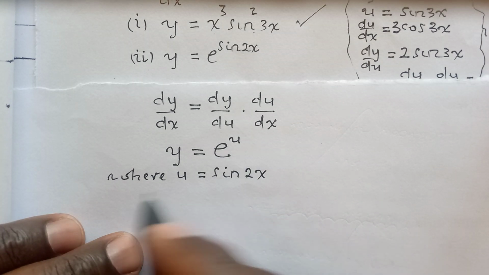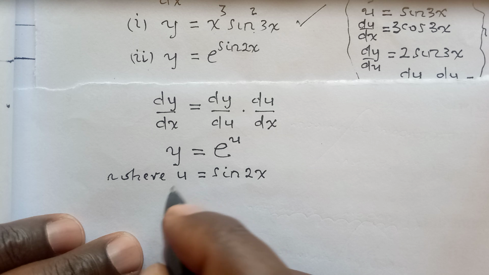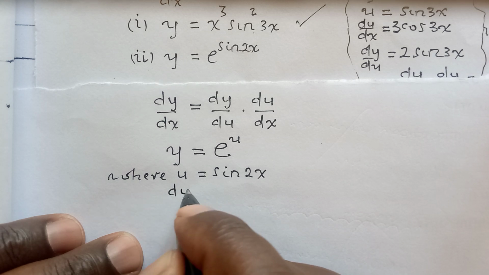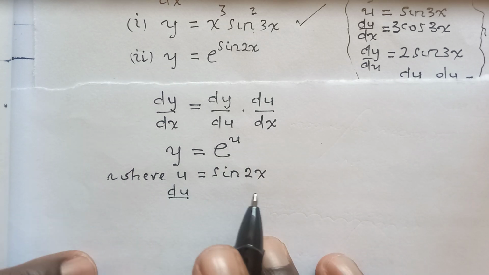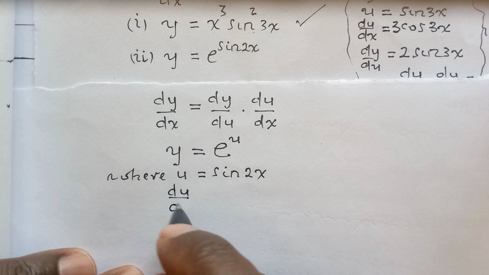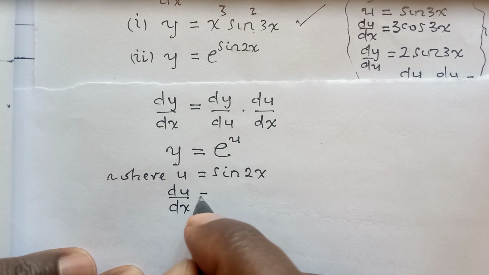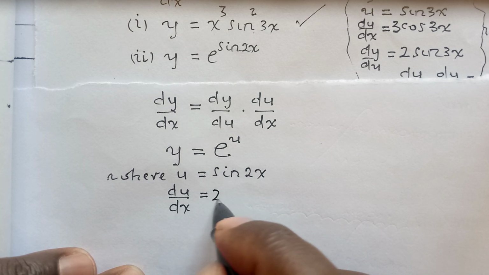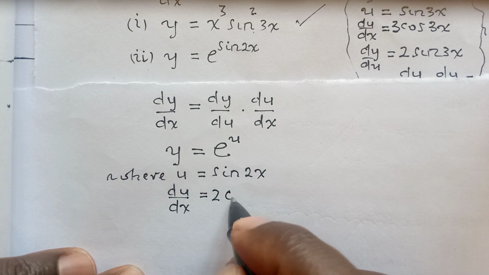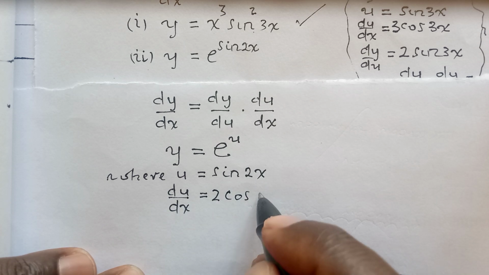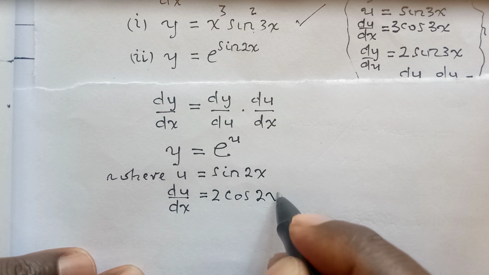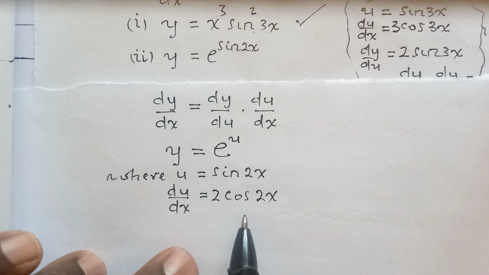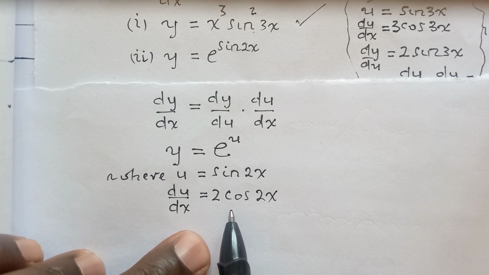Then we will get du all over dx, that is dx, this will be equal to 2 cos 2x. Somebody might ask where the 2 has come from.